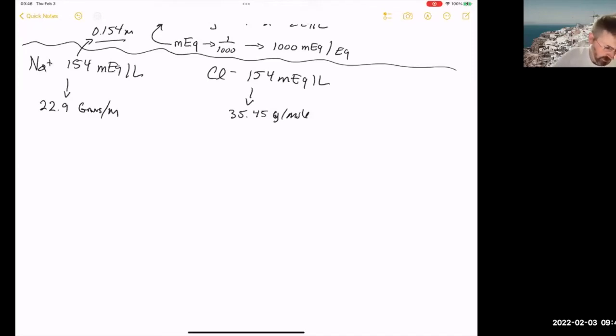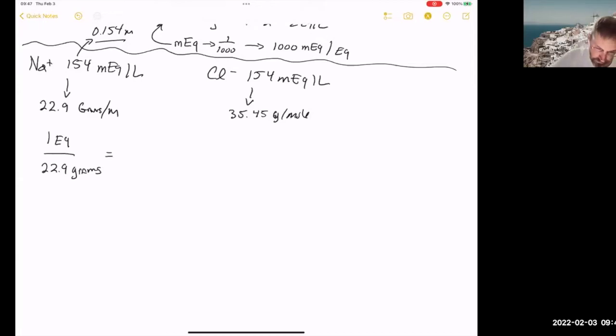So what I'm going to do is write a formula, and we're going to do sodium first. So I know that if I have one equivalent of sodium, which is equal to 1 mole of sodium, that's going to give me 22.9 grams, because one equivalent will be 1 mole.